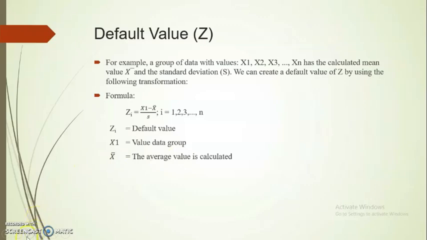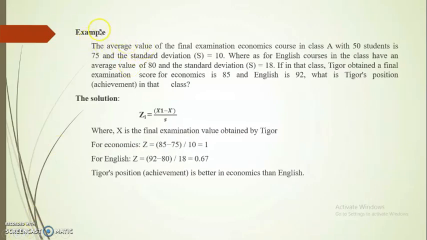Okay, we study an example. The average value of the final examination in the economics course in class A with 50 students is 75 and the standard deviation is 10, whereas the English course in that class has an average value of 80 and a standard deviation of 18.